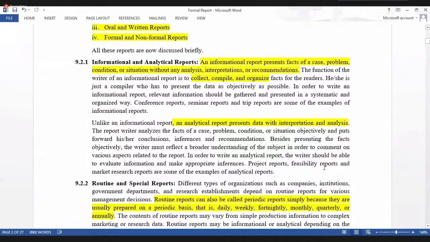Feasibility report. See the simple example for a feasibility report. Suppose your college wants to purchase some laptops for the department, and you have been given this task, right? Now, in the market there are different brands of laptops.